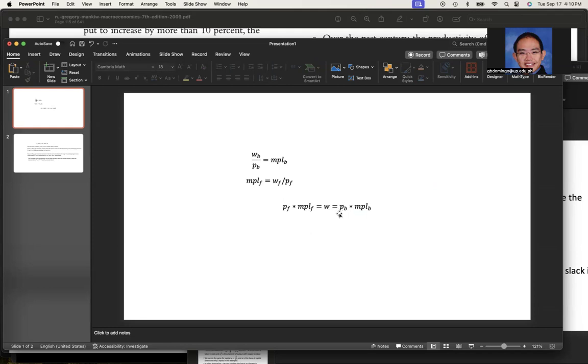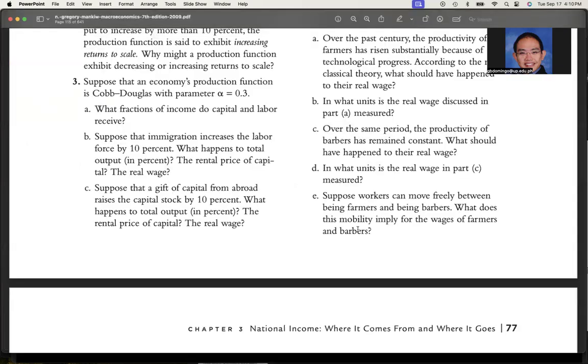It's called value because P, the price of the output of the barbers, times the marginal product of labor amongst the barbers, is just a peso value here and a peso value here. And of course, the wage is also a peso value, peso per labor. Okay, so this is now in terms of money per worker, right? And we've assumed that labor can move from one sector to the next, and therefore, in equilibrium, the wages must be equated, right? Next question.